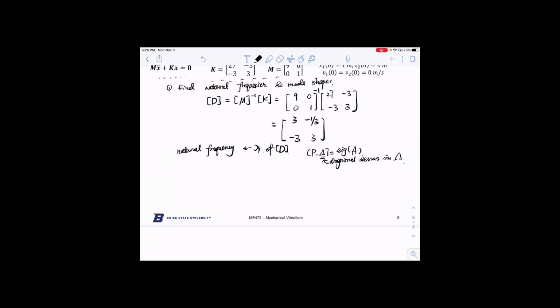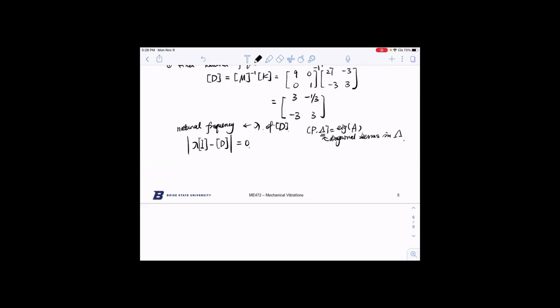If you want to solve it by hand, it's lambda times the identity matrix minus D, and we want to calculate the determinant equal to 0. So the first matrix is lambda, 0, 0, lambda. The second matrix is D.